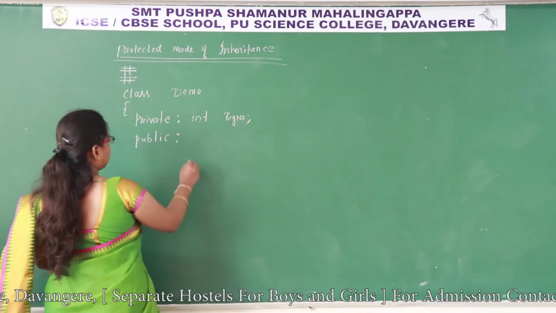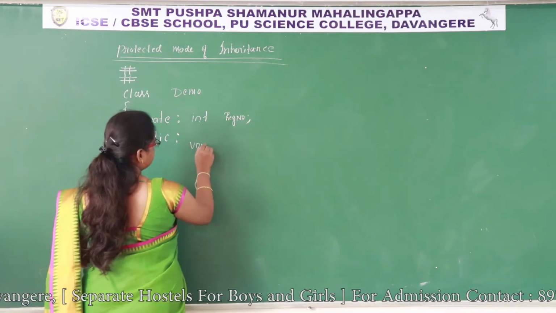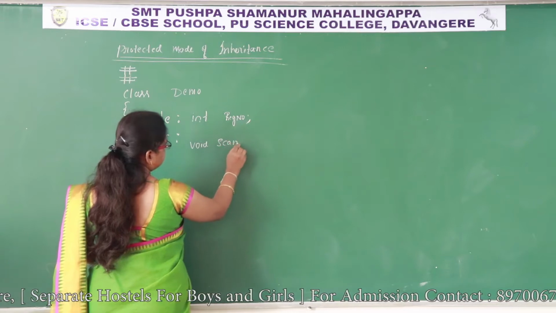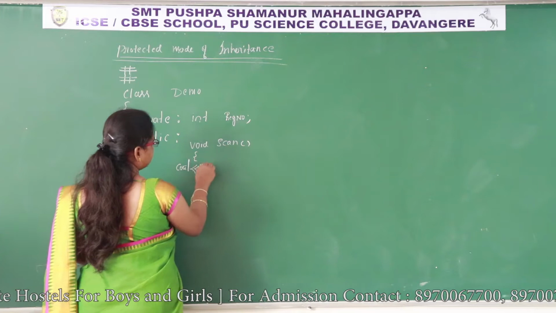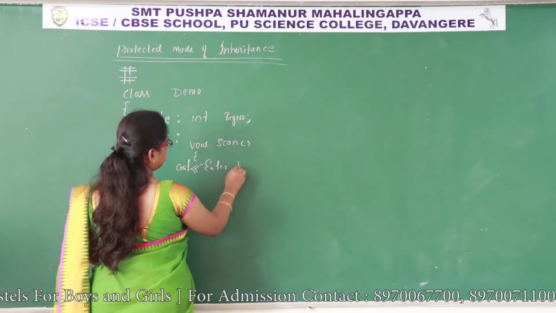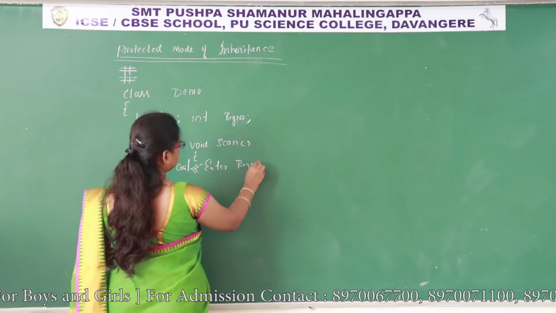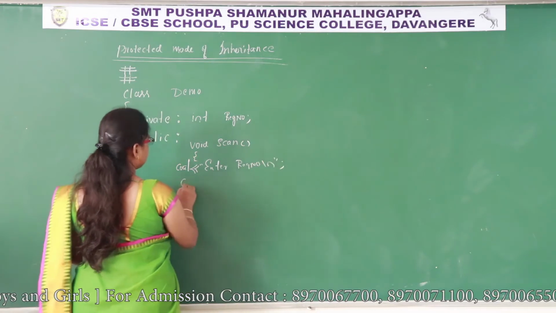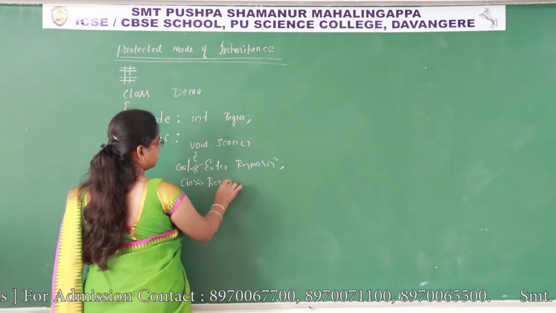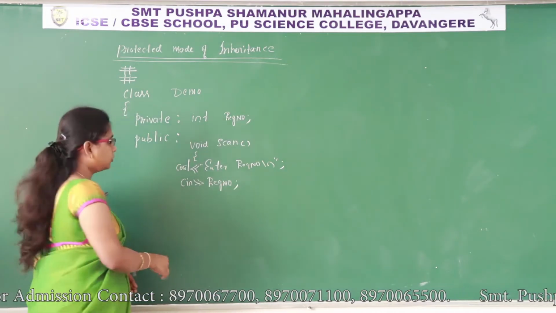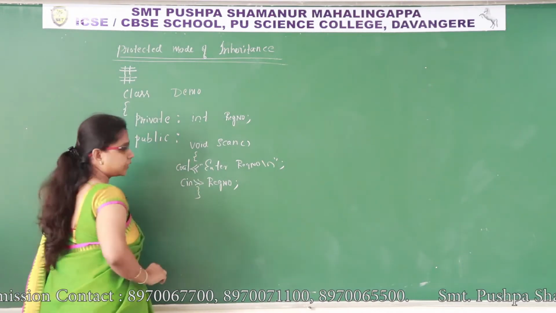So I'll write a member function, void scan, cout enter register number, cin extraction regno, flower bracket close.